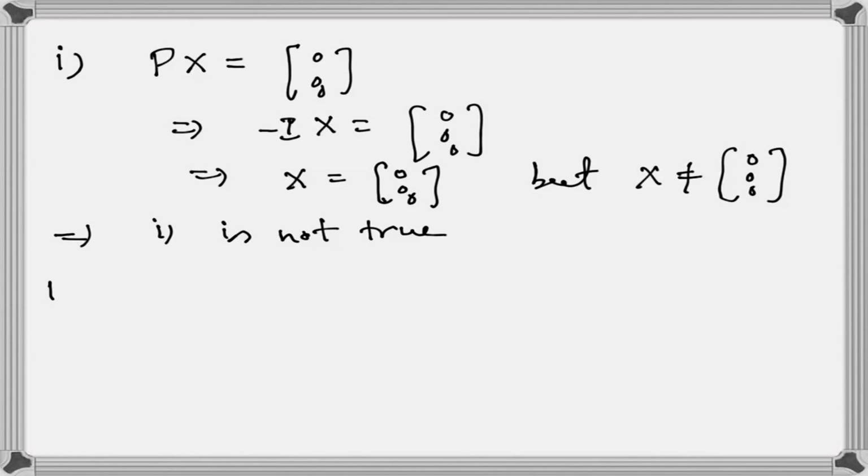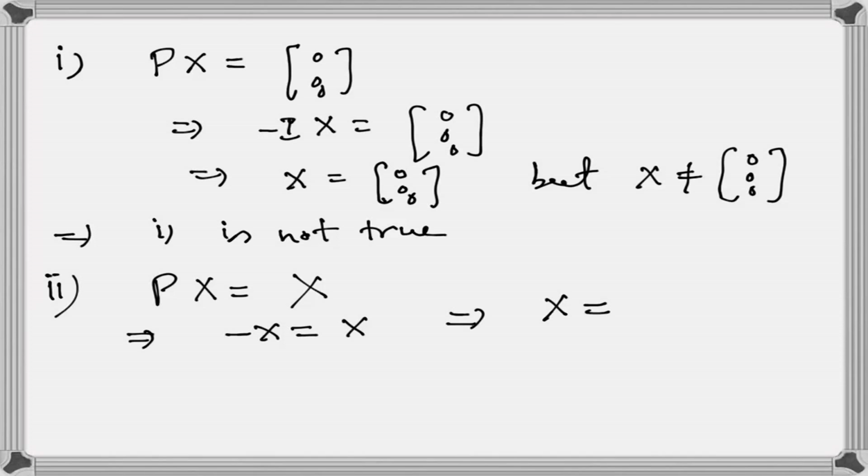The second is Px is equal to x. For Px equal to x, P is minus I, so Px is minus x, equal to x. This implies that x is again 0, a zero vector, but x is non-zero.